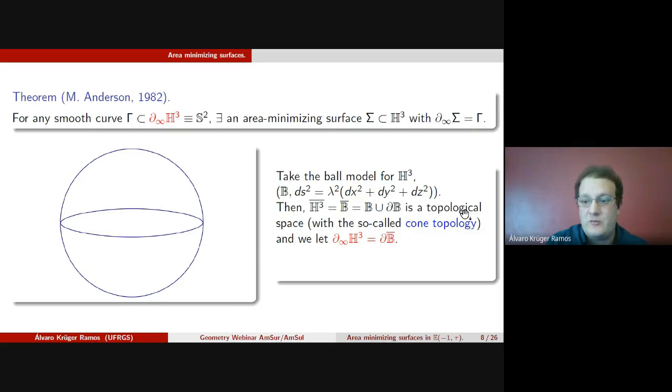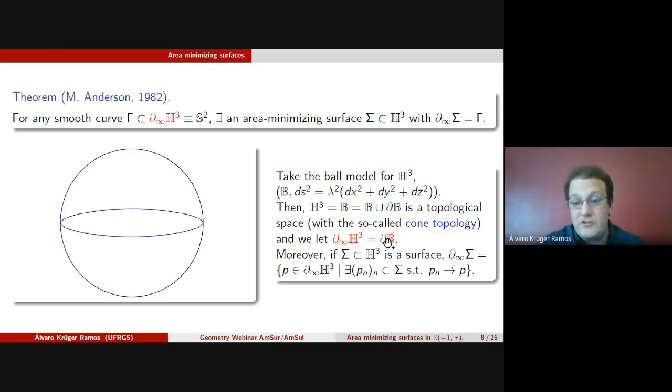I will not go into details, but there is a topology that makes this a topological space, and this topology has some relation with the intrinsic geometry of H3. We let the asymptotic boundary of H3 be the boundary of this topological space.